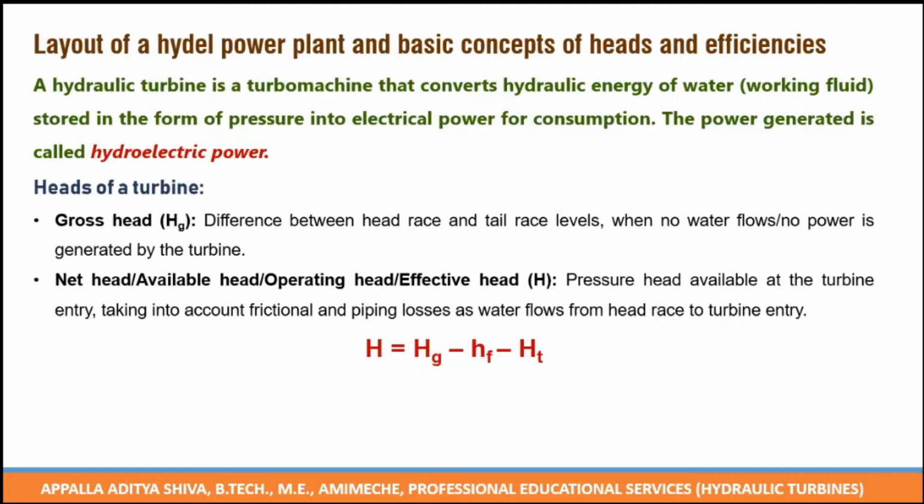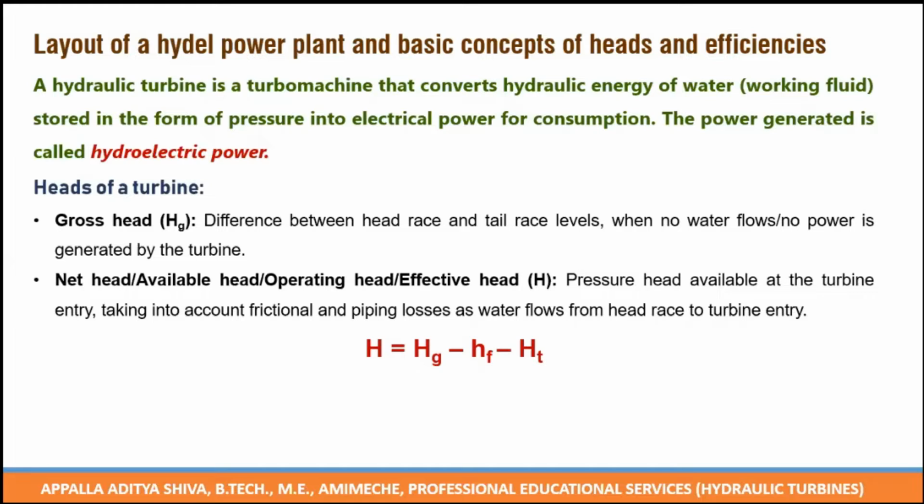Now, net head or available head, operating head, effective head, these are all different terminologies used for the same thing. It is basically the available pressure at the turbine blade. Now, this has to take into account some of the frictional losses, piping losses, windage losses, and tail race head has to be subtracted from the gross head that is available.